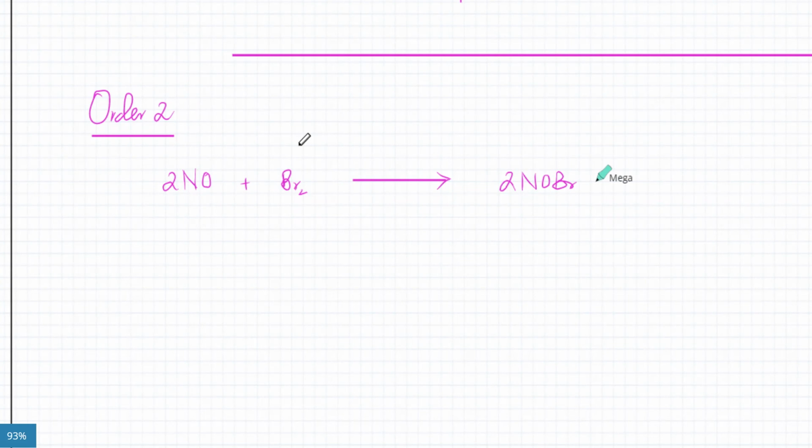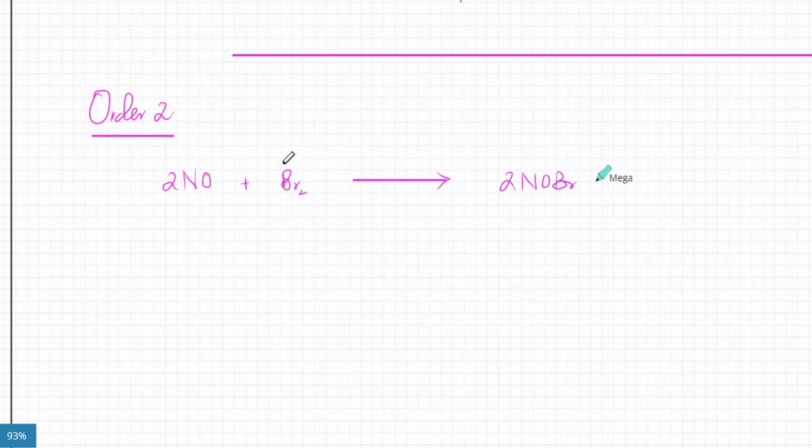I'm just saying, how do you figure out order? Figuring out order is easy. If I double the concentration of Br2 and the reaction speeds up proportionally, that means the order is 1. If I double the concentration of Br2 and the reaction, timed with a stopwatch, speeds up 4 times, that's order 2. Is that clear? Yes. Okay.